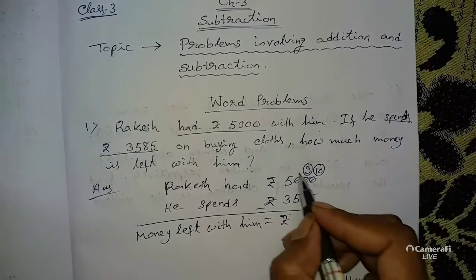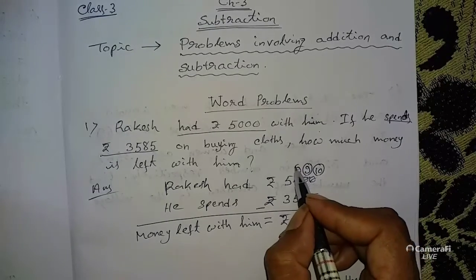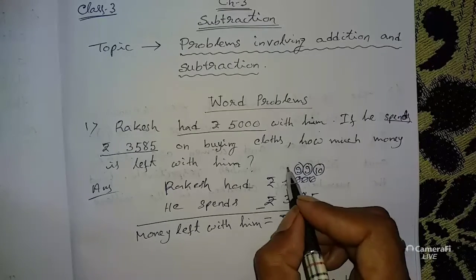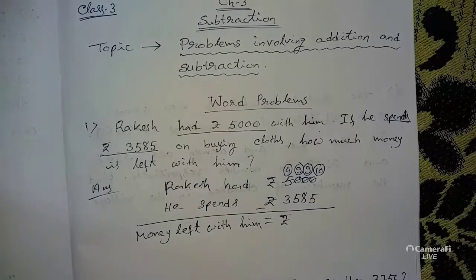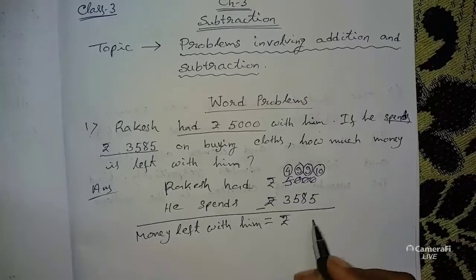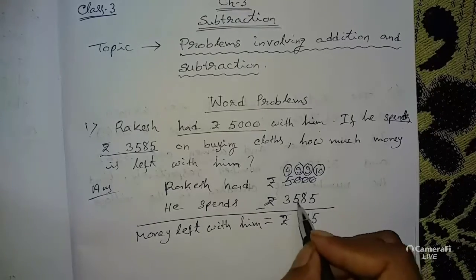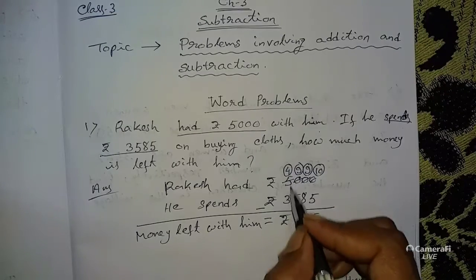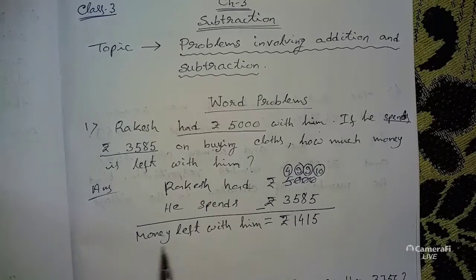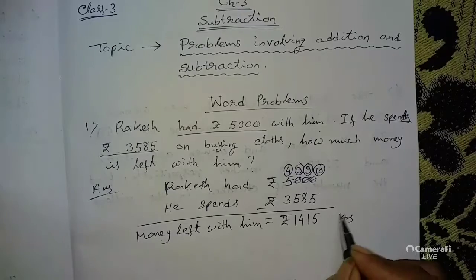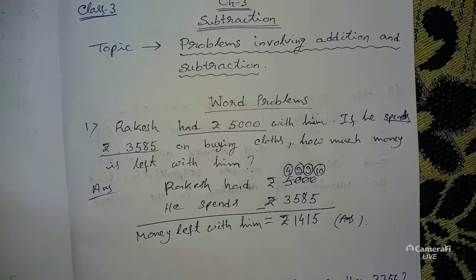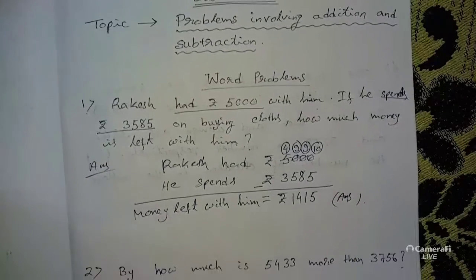Again borrowing 1 from here, so it becomes again 9, considering 0 as 10. 1 borrowing from here, so it becomes 4. Now subtract. 10 minus 5, 5. 9 minus 8, 1. 9 minus 5, 4. 4 minus 3, 1. So money left with him, this rupees. This becomes the answer. Coming to problem number 2.